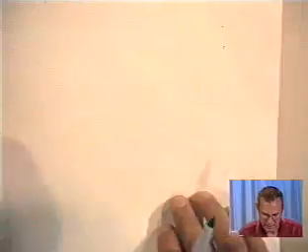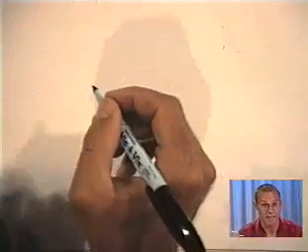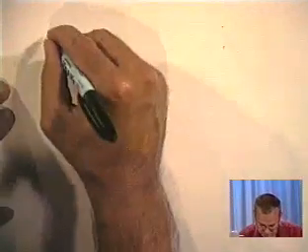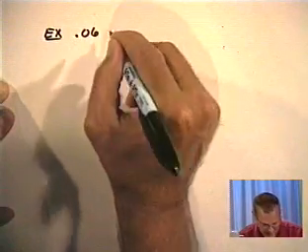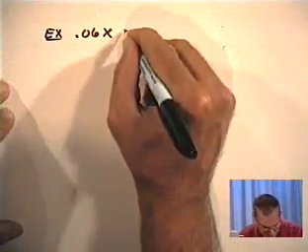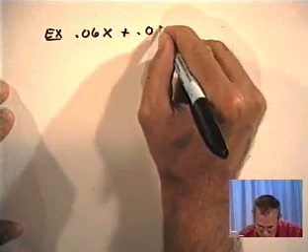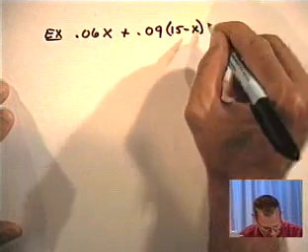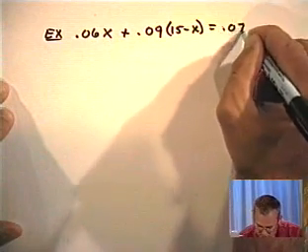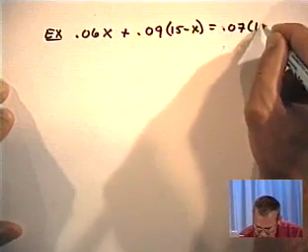Let's go ahead and do an example of a linear equation that involves some decimal numbers. How about 0.06x, where x will be my variable, plus 0.09 times (15 minus x) equals 0.07 times 15.